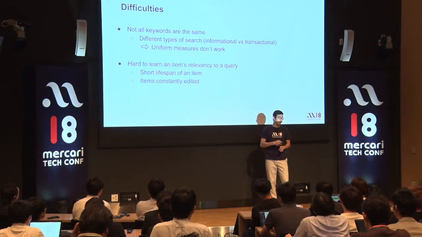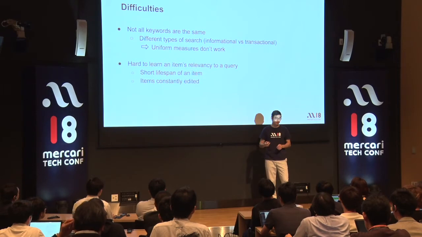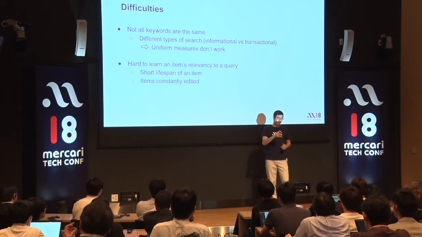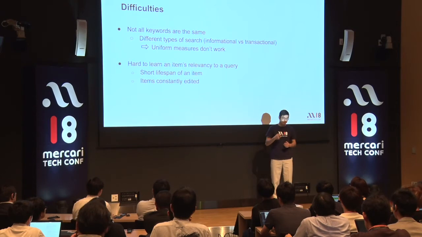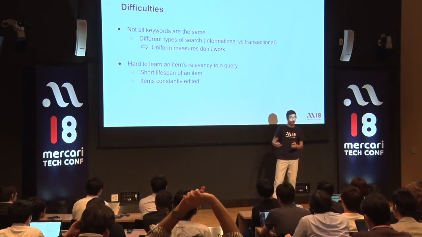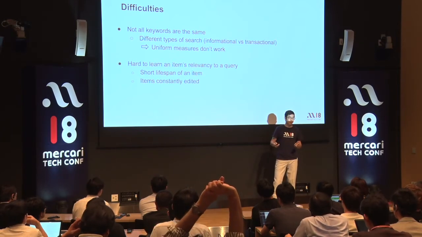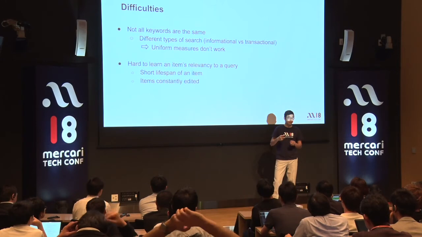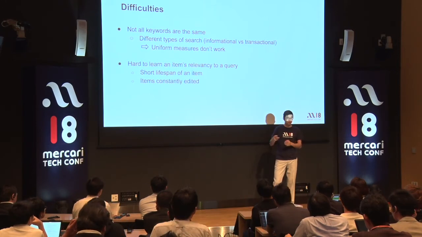And the second difficulty is actually specific to Mercari, by the nature of a C2C marketplace. Most of the items on Mercari are user-generated items, which means they're one of a kind and they have no stock. When somebody purchases that item, the item is sold out and nobody else can buy it anymore. Also, sellers often edit the item in an attempt to make it sell faster. They may change the item by retaking the picture or changing the title or description.